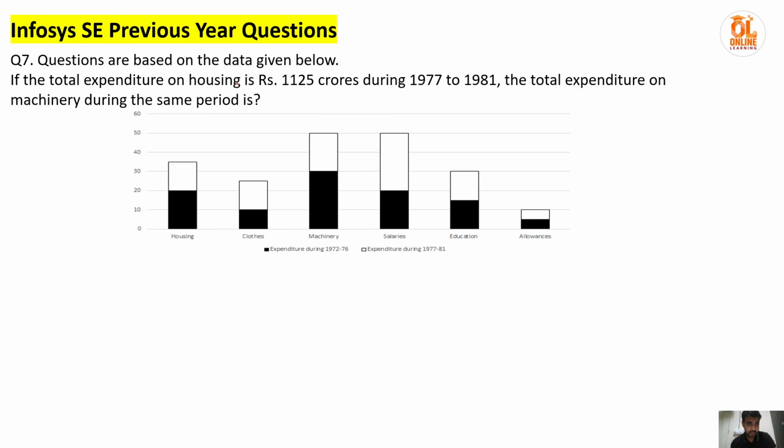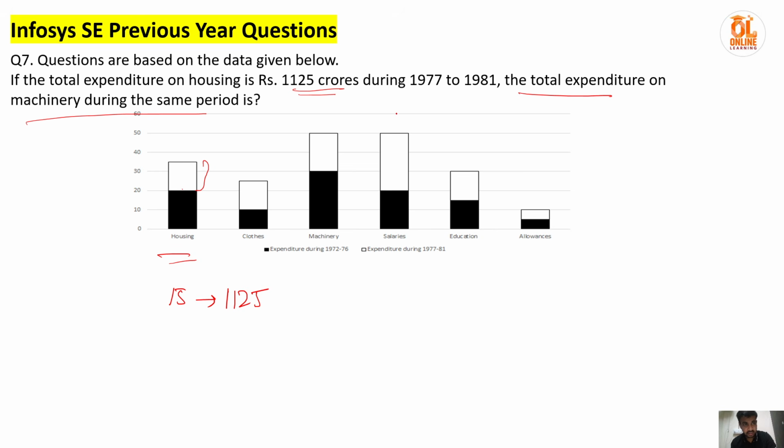If the total expenditure on housing is rupees 1125 crores during 1977 to 1981, again this white portion. The total expenditure on machinery during the same period? See, 20 to 35 around, so 15 here. 15 is 1125.